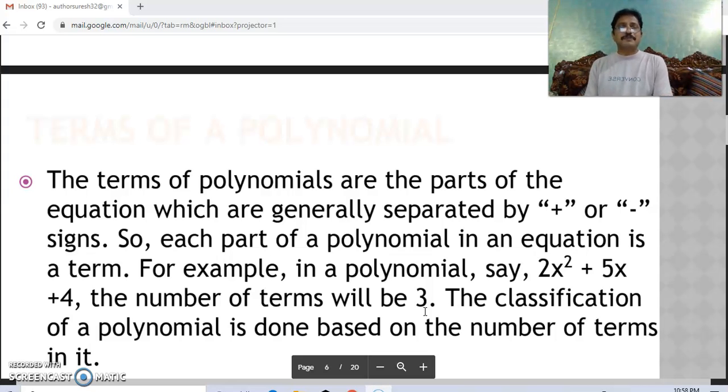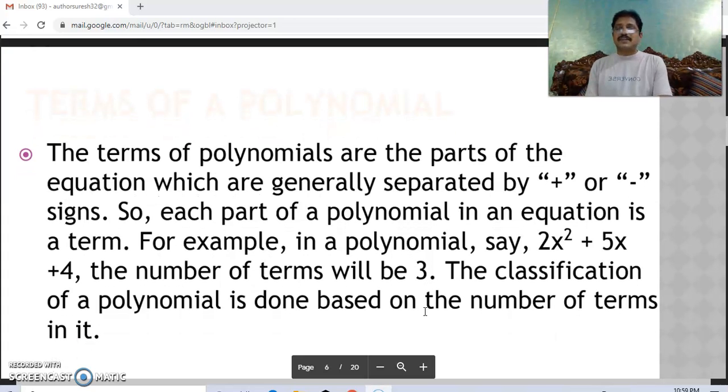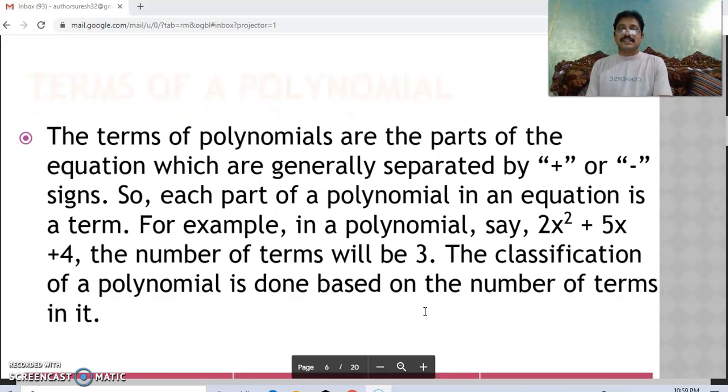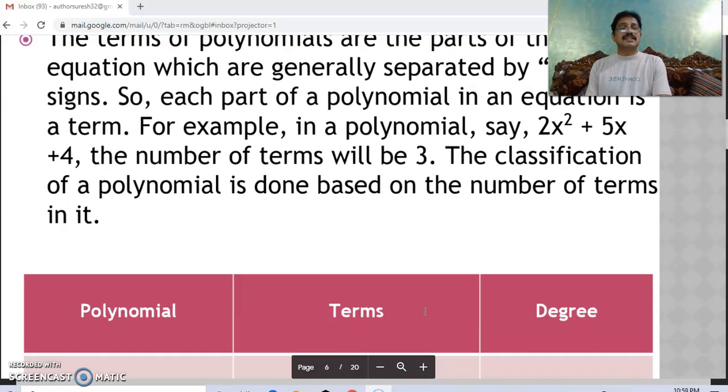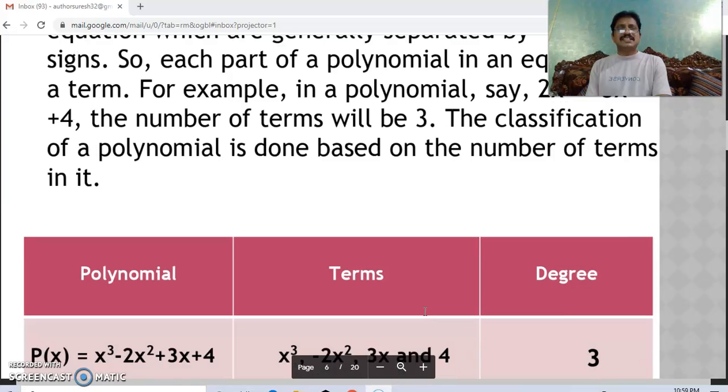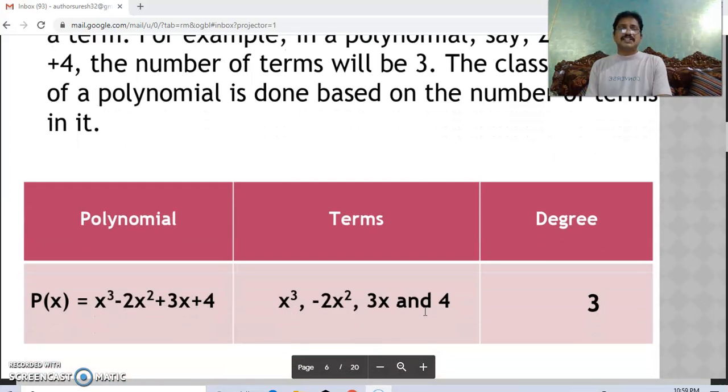Each part of a polynomial in an equation is a term. Take an example, 2x squared plus 5x plus 4. In this expression, 2x squared, 5x and 4 are the terms. Here the number of terms is 3, correct? The classification of a polynomial is done based on the number of terms in it. Just a fast look at the terms and degree of a polynomial.